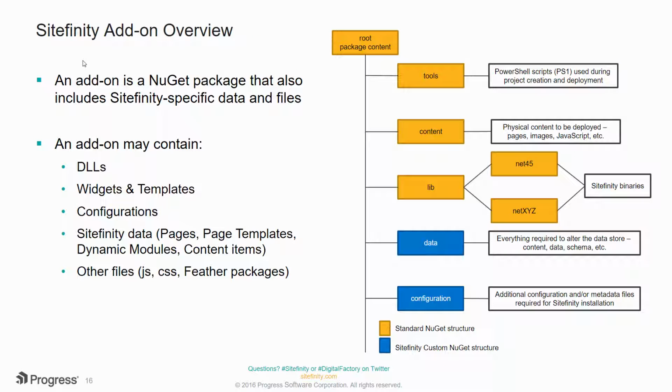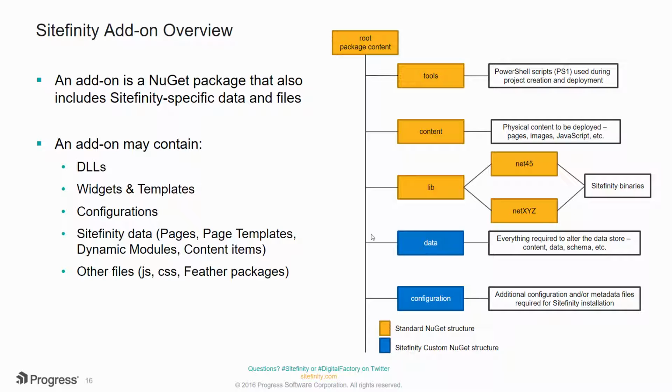And if you look at the components of what consists an add-on, an add-on basically is a NuGet package that contains the standard NuGet requirements, as well as some Sitefinity specific data points and files. Here on the right, you can see everything in yellow is standard from NuGet, and then the blue is Sitefinity specific data and configurations that need to be added in order for you to create an add-on package.